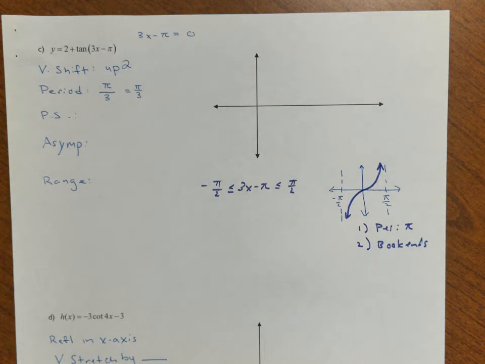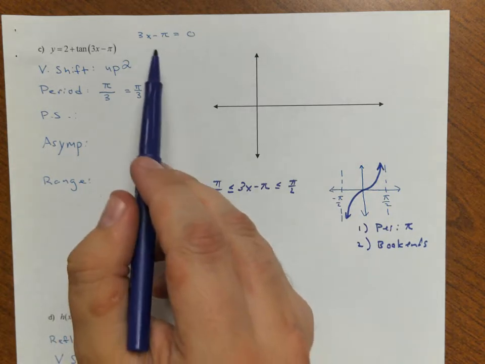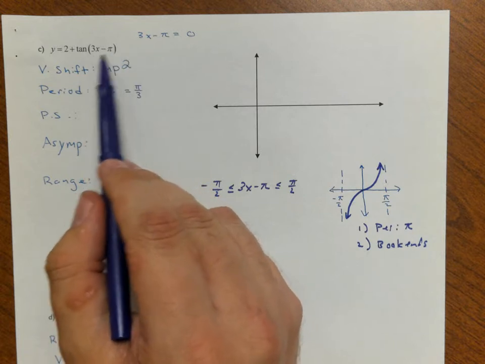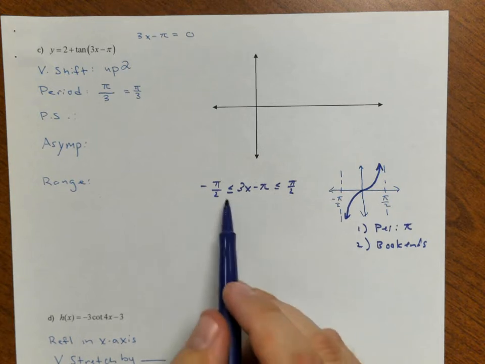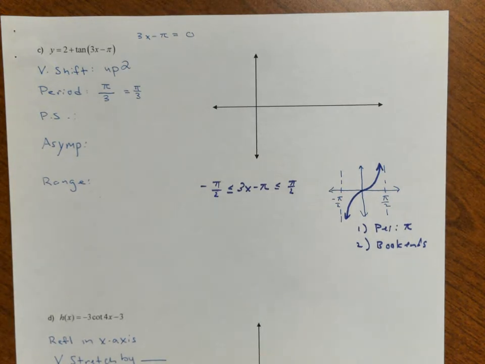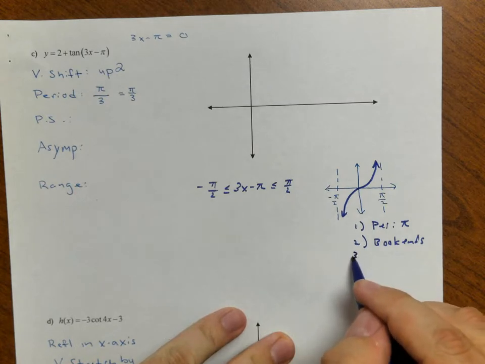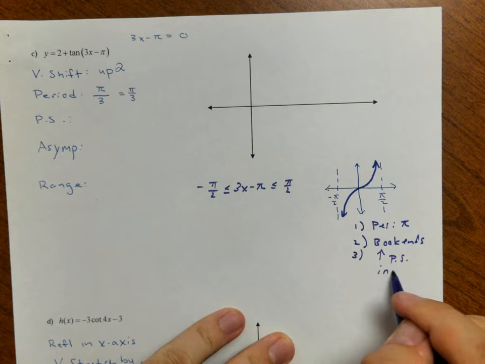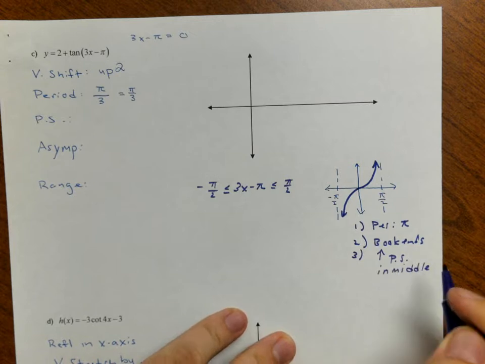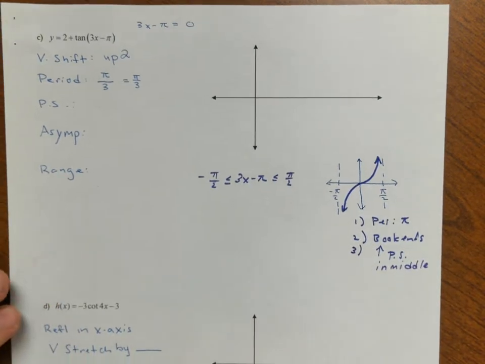And the other thing that is strange about this, since my phase shift comes from setting whatever is inside here, the argument of my trig function, to 0, well, since I'm not using 0 here, I'm not going to get the phase shift from doing my bookends. My phase shift will be halfway between my bookends. The phase shift is in the middle of your bookends. So we'll see how that plays out as we graph this.